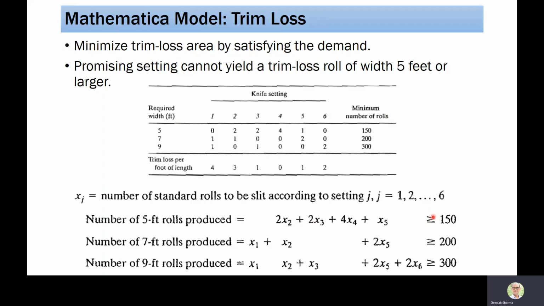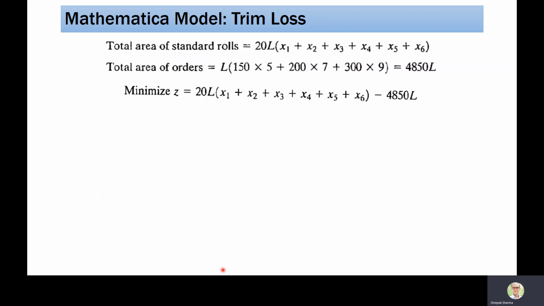Since it is a minimum, it should be greater than or equal to, because it can take 150 or more than 150. Similarly for 7 feet, x1 plus x2 plus 2x5 should be greater than or equal to 200. And similarly, we can write the constraint for the 9 feet roll produced.